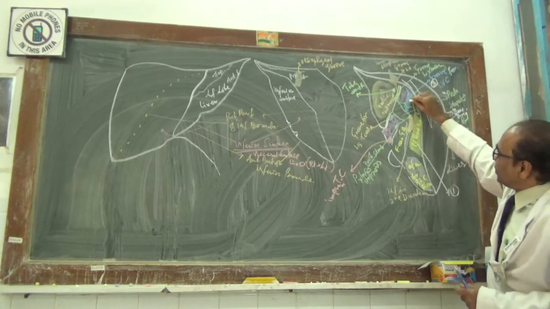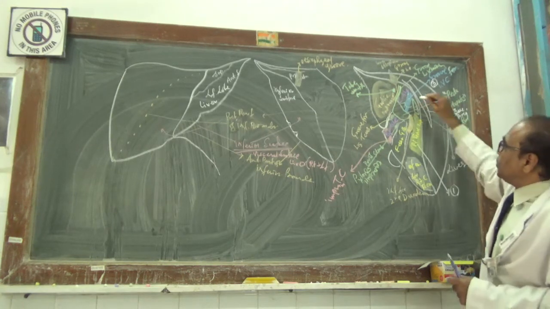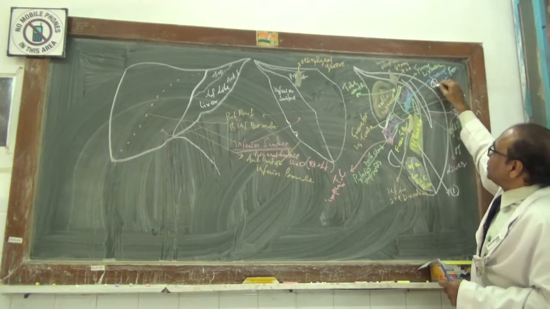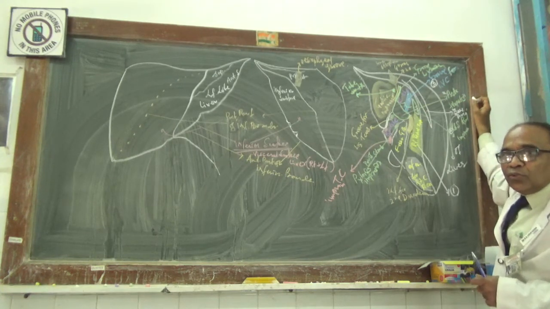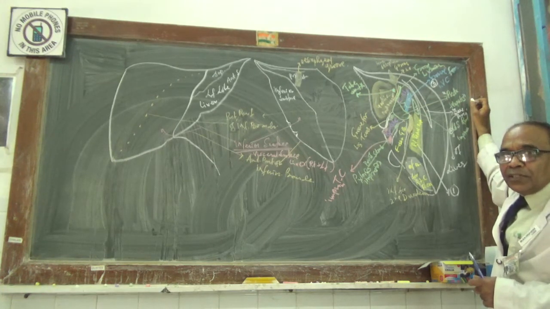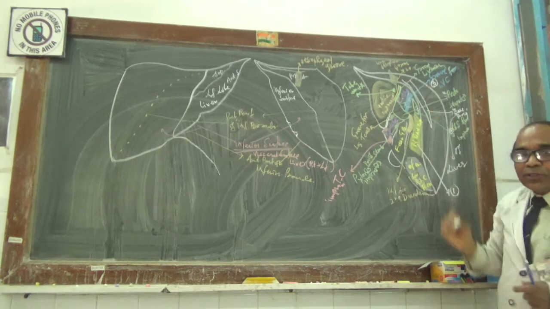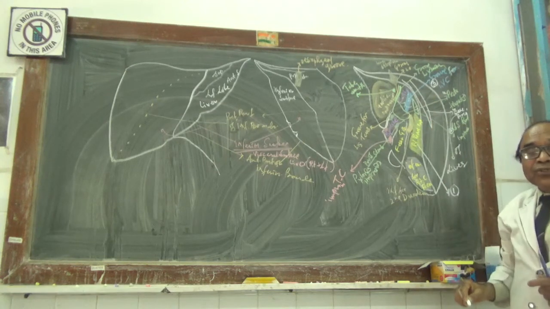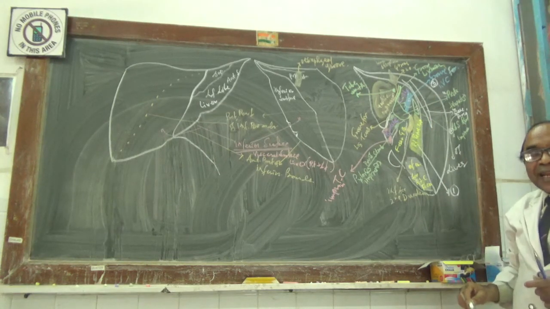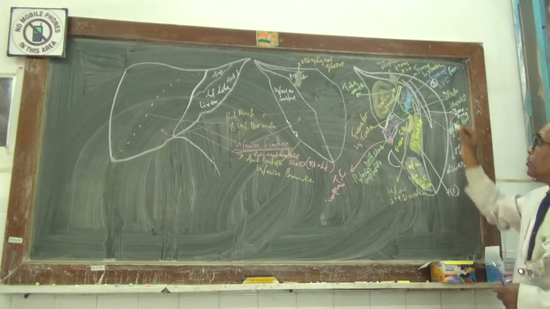So now after this, there will be the duodenal impression. Now before going to the duodenal impression, about the relation of the inferior vena cava groove or the inferior vena cava impression. Medially and a little towards left and up, it is related to the caudate lobe.